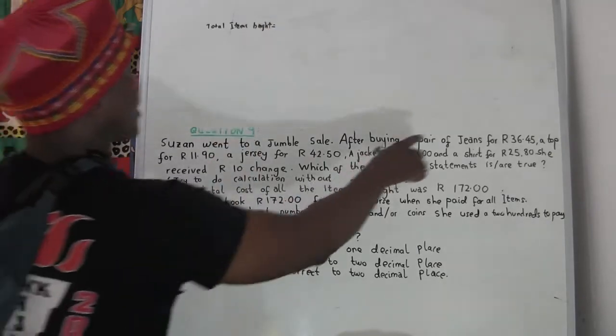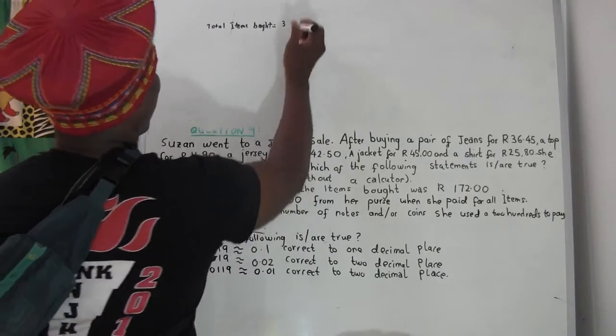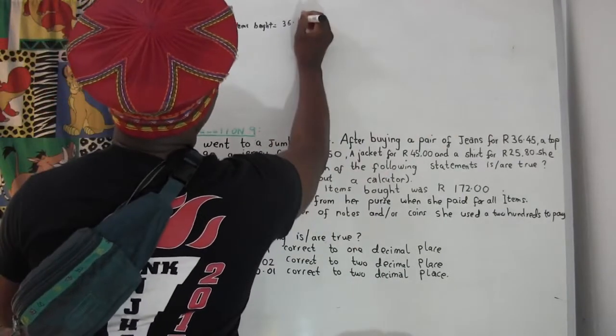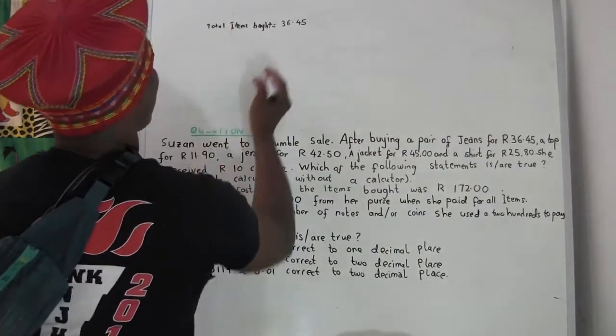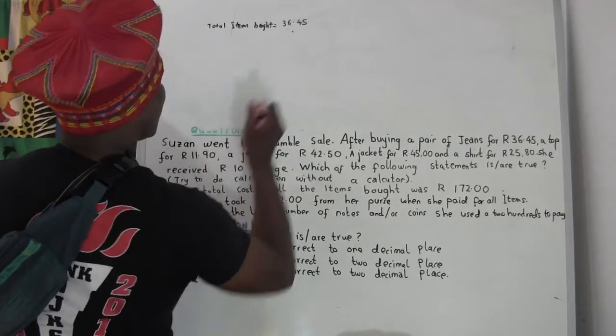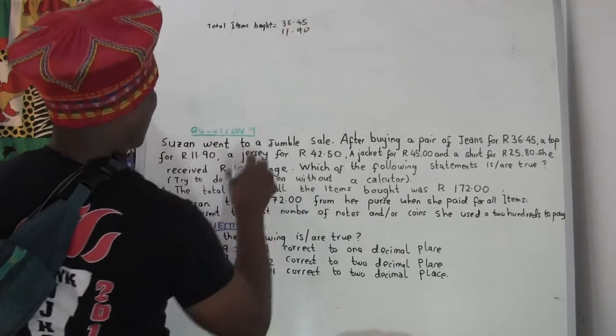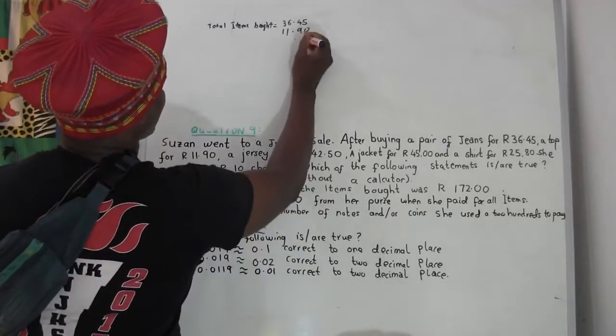Okay, so what we're gonna add? We're gonna add 36. I'm going to add this way, it's going to be easy for me. Add 36.45 for the shirt, for whatever jeans. Now the top, 11.90, so make sure your decimal is like this. Put your decimal first, and then 9, 0, and then 11. Now we go for the next one. The jersey, 42.50.